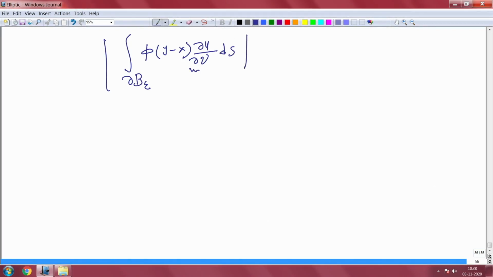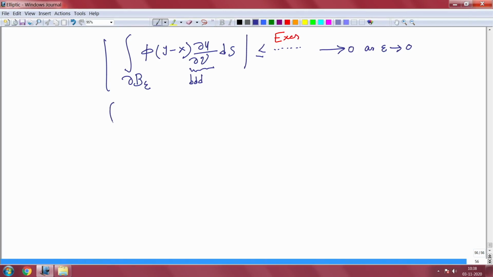This is a bounded, smooth quantity, and we have already done this in the beginning of the class, and it has an estimate. You can use this estimate on this small set, and you know its measure is small. You can precisely write the estimate; I will leave it as an exercise to work out exactly what comes, and then you can see that it goes to 0 as epsilon goes to 0.